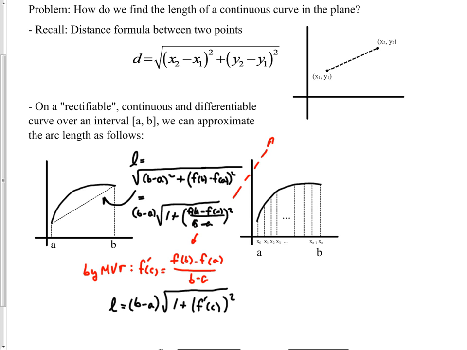So somewhere within this interval from A to B, we could say that there's at least one point C such that the slope of the tangent at C is equal to the slope of the secant line through that.